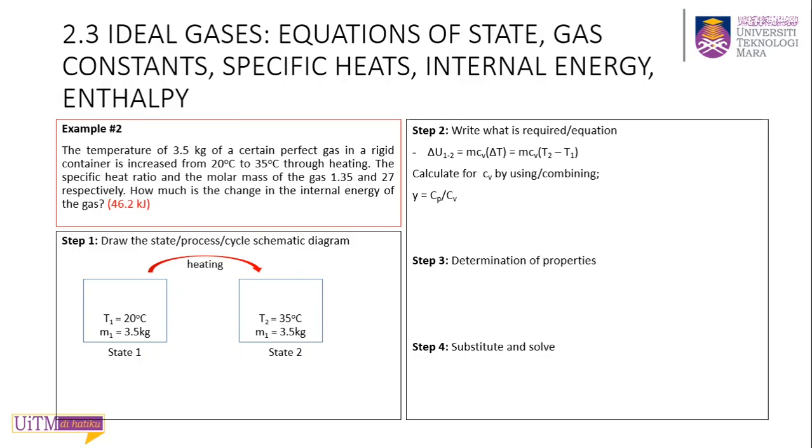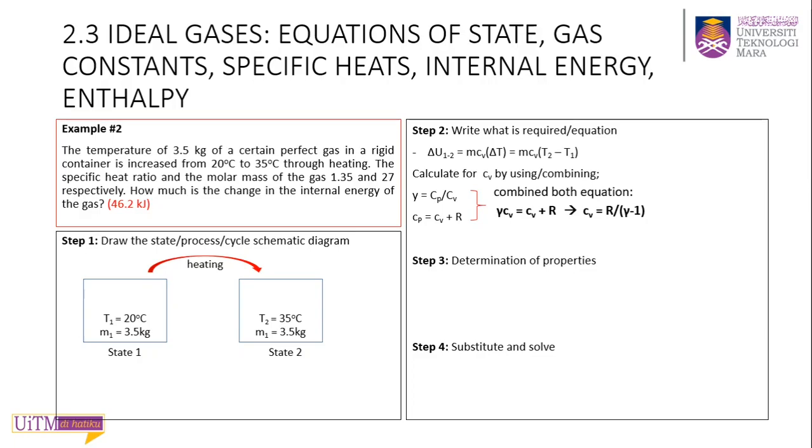We can combine both of these equations. The first one is the equation for the specific heat ratio, and the second one is the equation between Cp, Cv and R. We can combine both of these equations and get a new equation which we can use to calculate Cv.